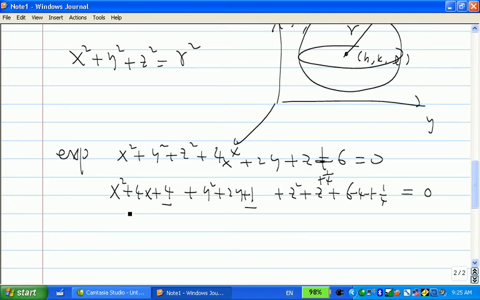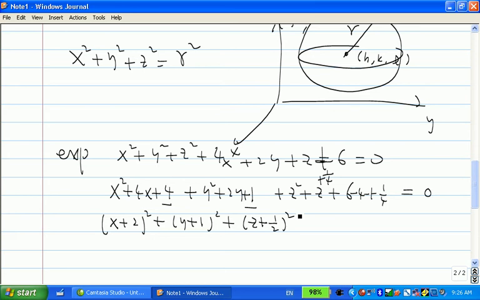So when you add 4, the first term can be written as x plus 2 squared. The second one can be written as y plus 1 squared. The third one can be written as z plus 1/2 squared.